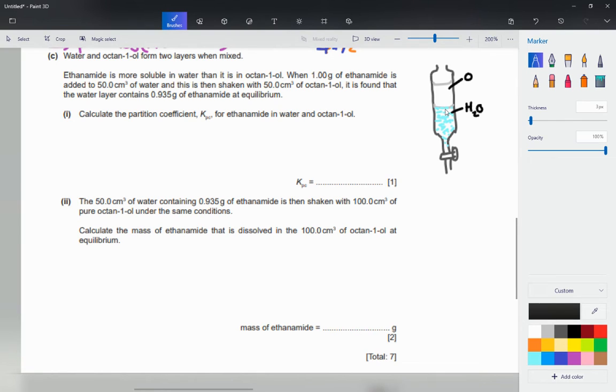Ethanamide is more soluble. When 1 gram is added to 50 centimeters cubed, so this is 50 centimeters cubed. Obviously, 50 plus 50 is equal to 100. And you start off with 1 gram, and then you shake it. And that means you'll need a bung here. It's found that the water layer contains 0.935.